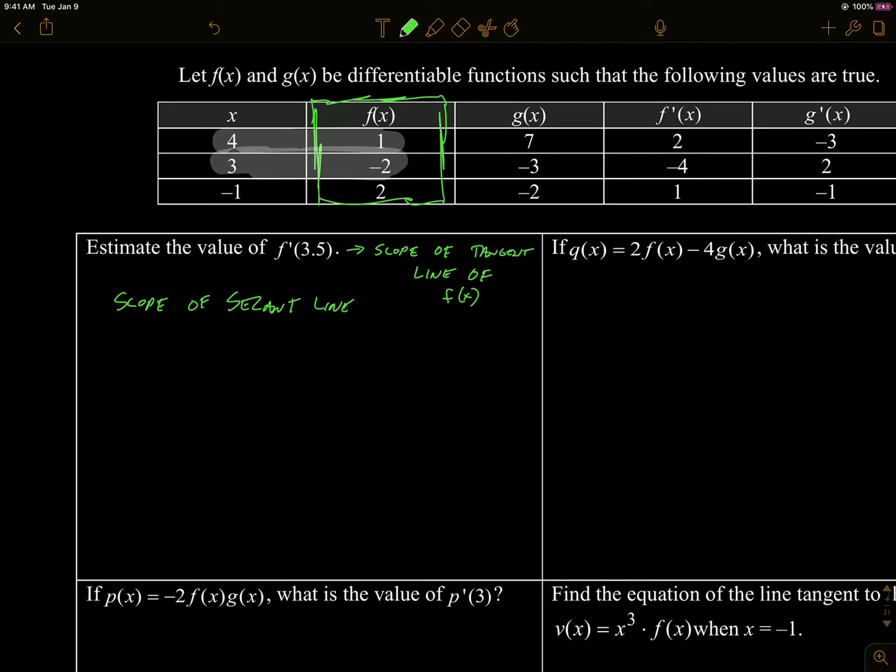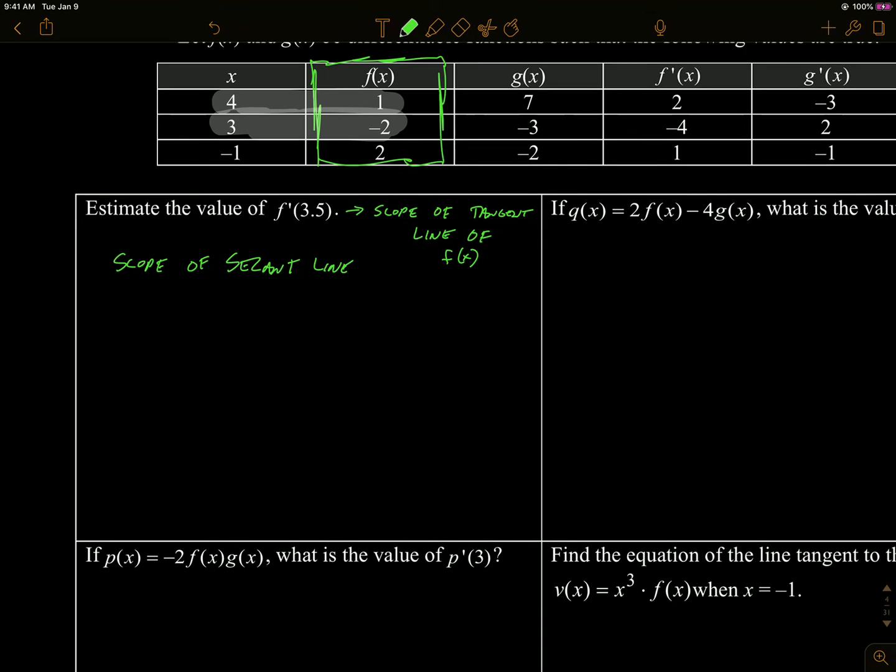So I say the derivative at 3.5, or the slope of the tangent line, is approximately the slope of the secant line, f of 3 minus f of 4 all over 3 minus 4, which works out to be 3 when you do that out. So there's our estimate. f prime of 3.5 is about 3.